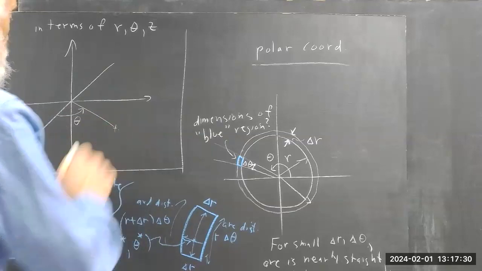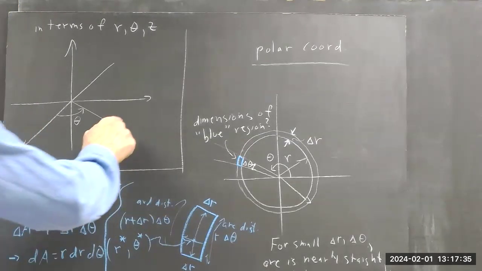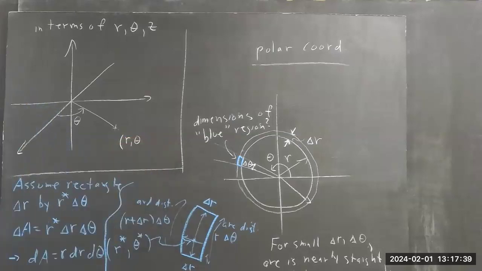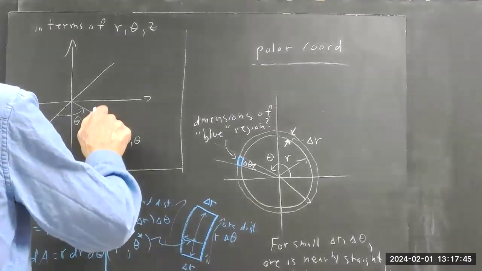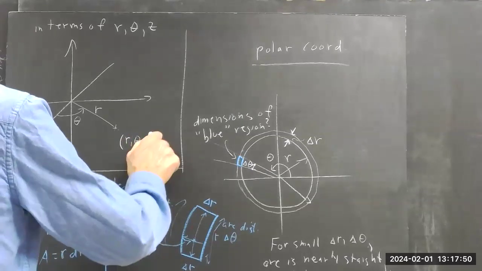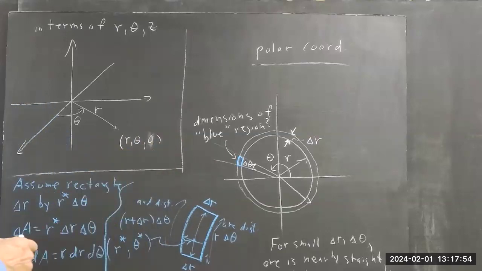Theta is the angle from the x-axis. This point then is just R, theta in polar coordinates. You're familiar with R, theta. Okay, it's got length of R. So this is R, theta, 0 because it's down on the XY plane.